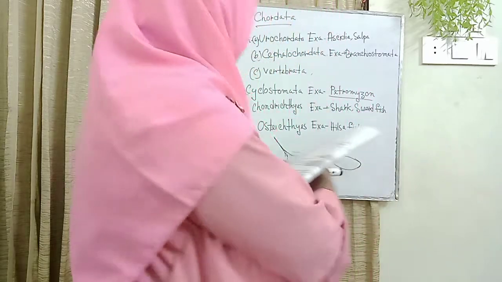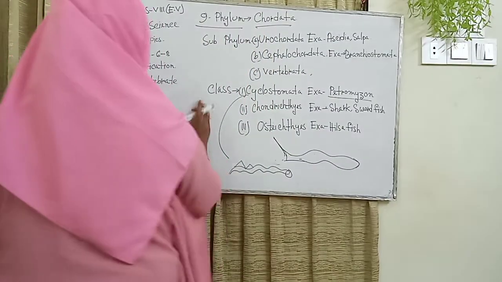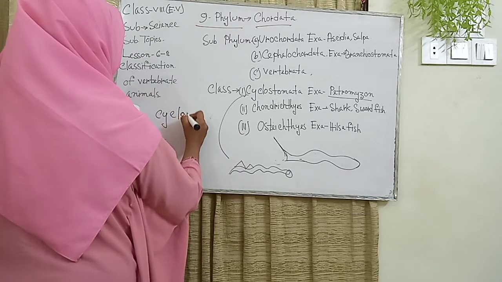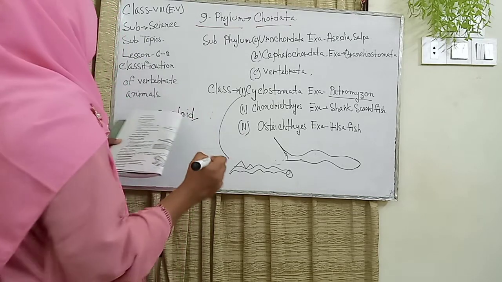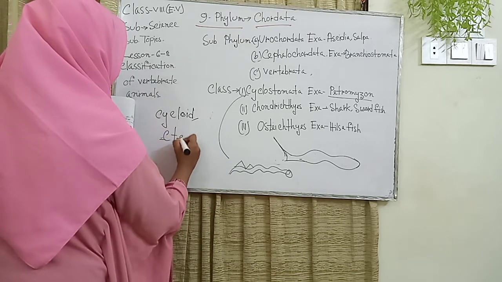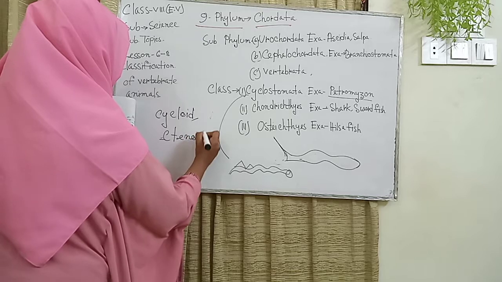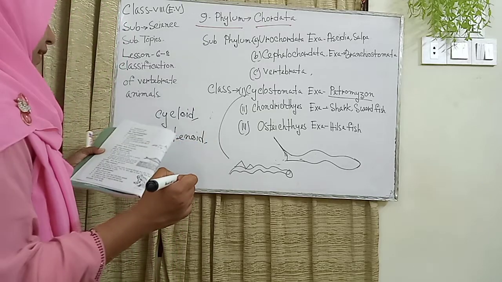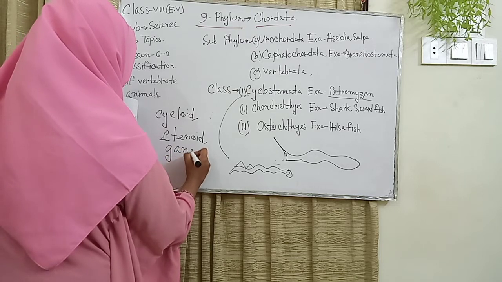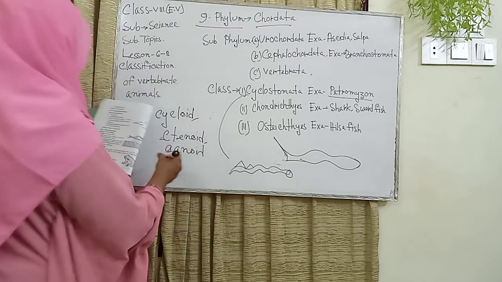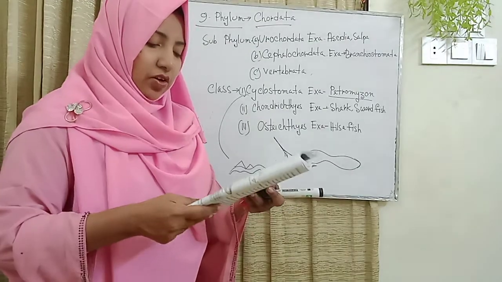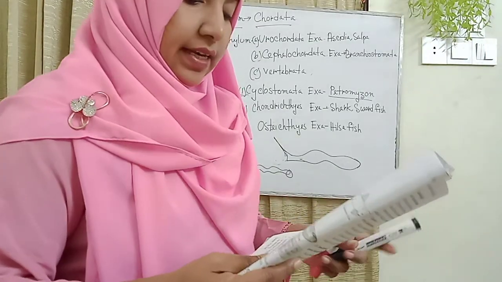I just drew this. The first is cycloid. The second is ctenoid. And another is ganoid. Basically, their skin is of this type, and some are also without scales.